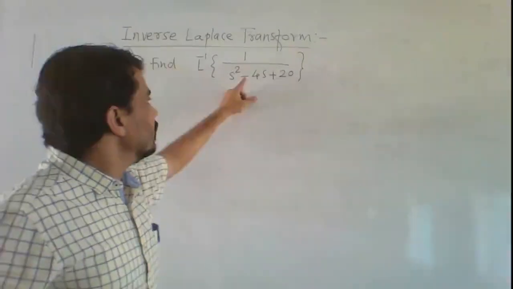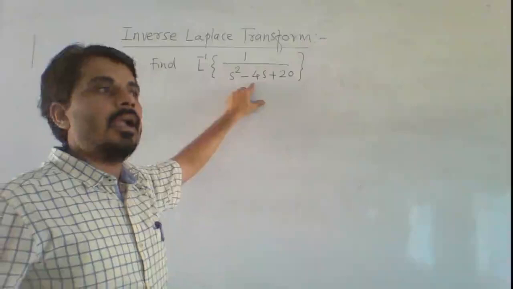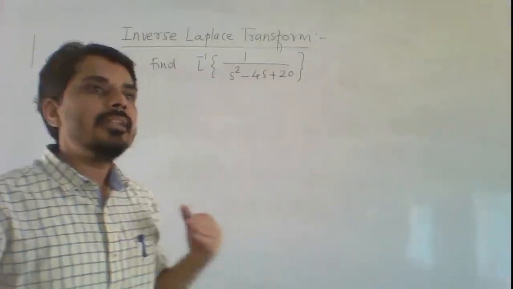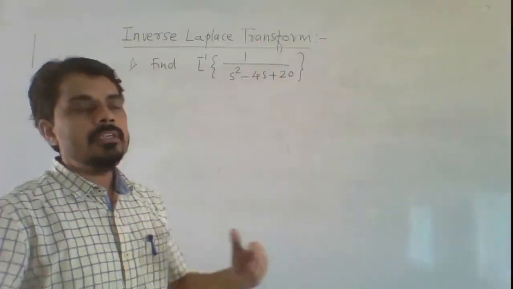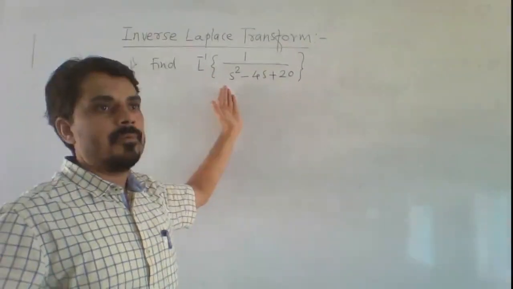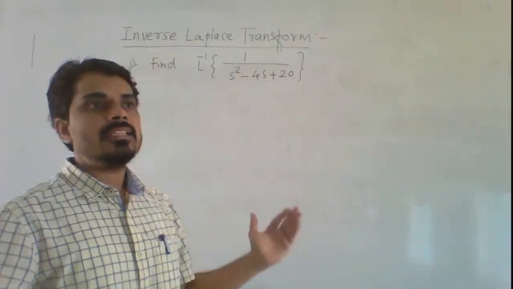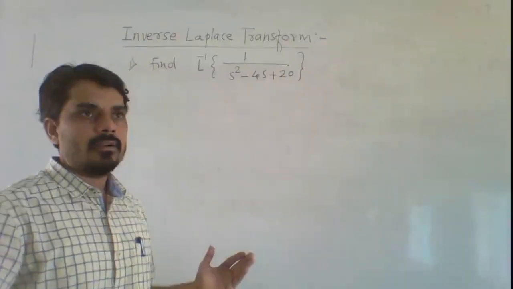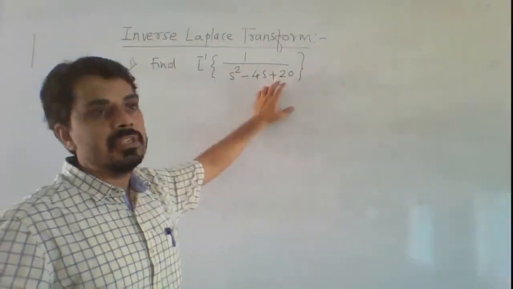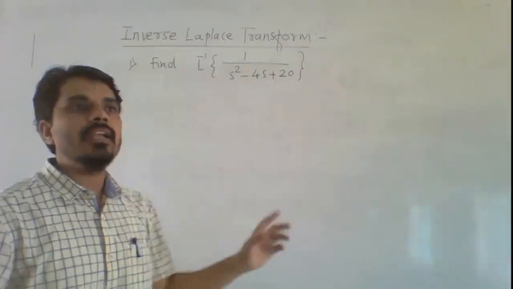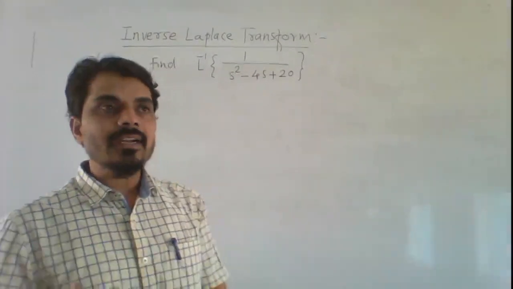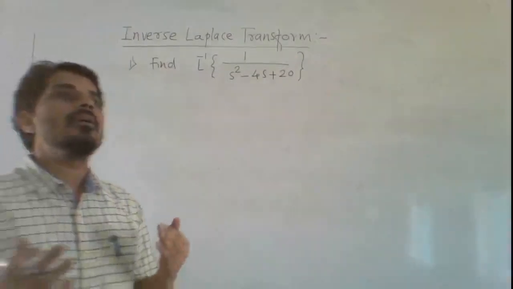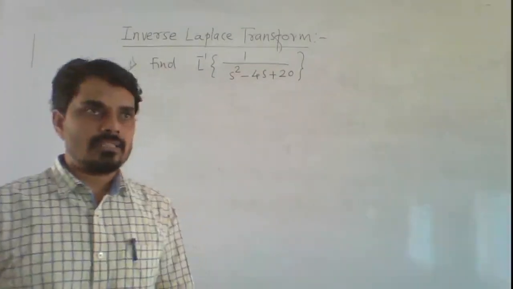The denominator contains a quadratic term, and in our formula the denominator contains a quadratic term: inverse Laplace transform of 1 upon s square plus a square.